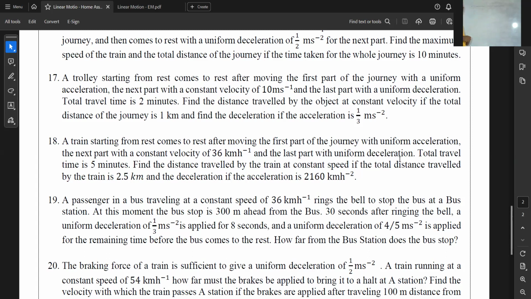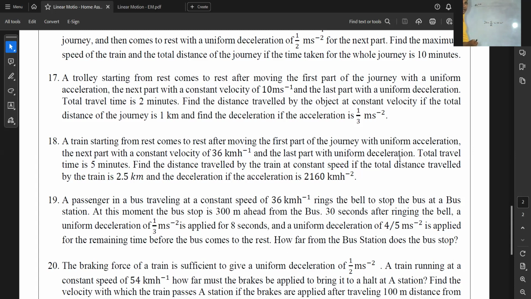The first thing you have to convert all of them into SI units. Otherwise, we cannot easily calculate it. 36 km h minus 1 means 36 into 5 over 18, that means 10 ms minus 1. Therefore, the velocity is 10. So initially, we start from 0.